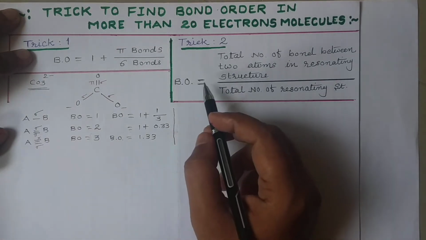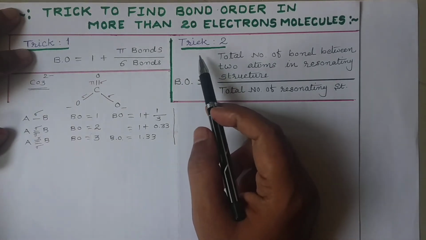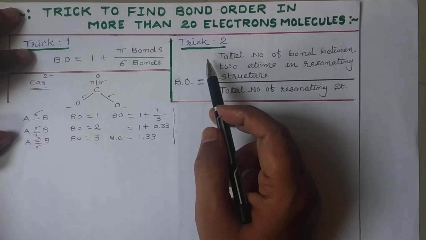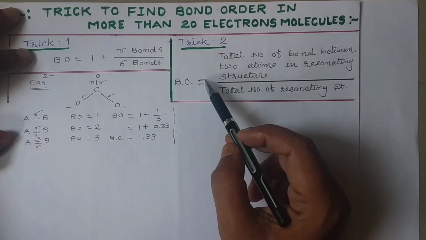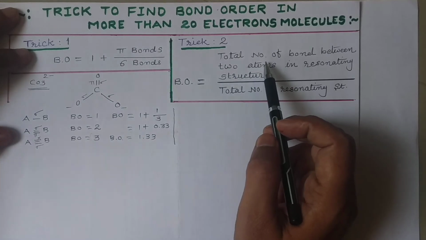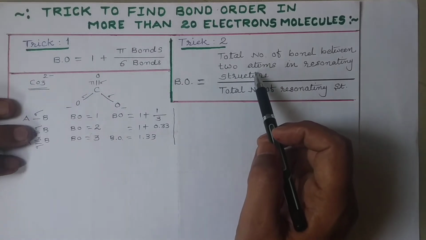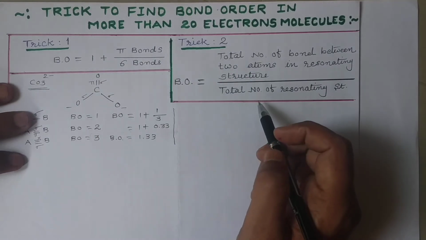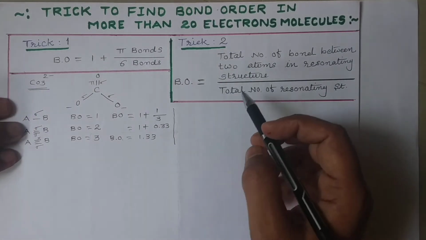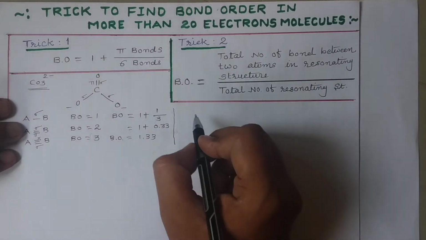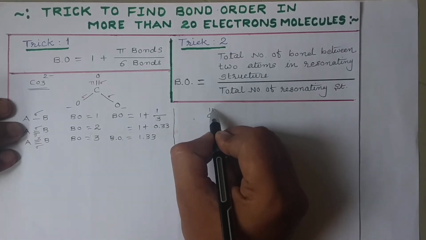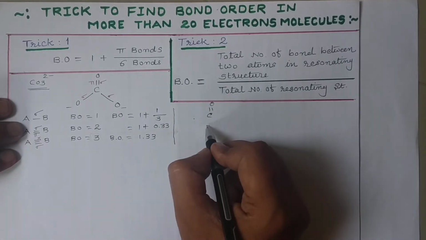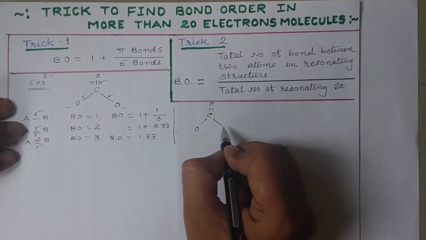Now we will use the second trick, trick number 2. In trick number 2, bond order is equal to total number of bonds between two atoms in resonating structures upon total number of resonating structures. So first we will draw the resonating structures of CO3 2 minus. First we will draw the C double bond O. This is oxygen.